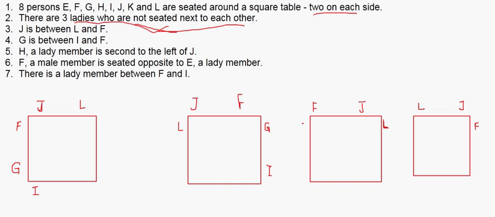Here G is here and I is here, and finally our last case, G is here and I is here.